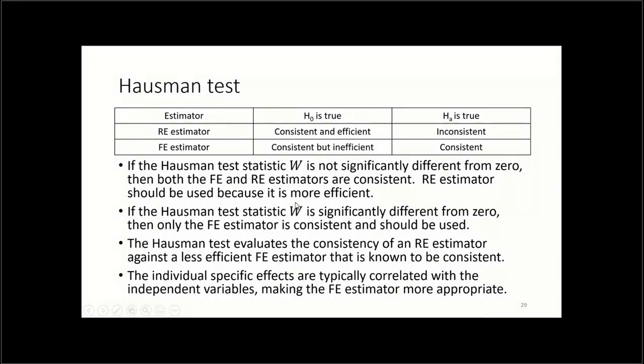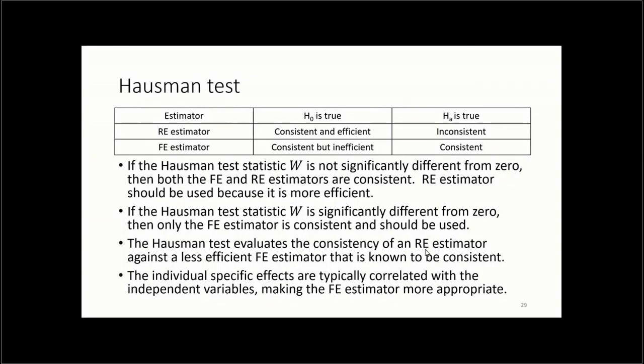But if the Hausman test statistic is significantly different from 0, only the fixed effects estimator is consistent, and therefore it should be used. So basically, in other words, this Hausman test evaluates the consistency of the random effects estimator against a less efficient fixed effects estimator, but that is known to be consistent.